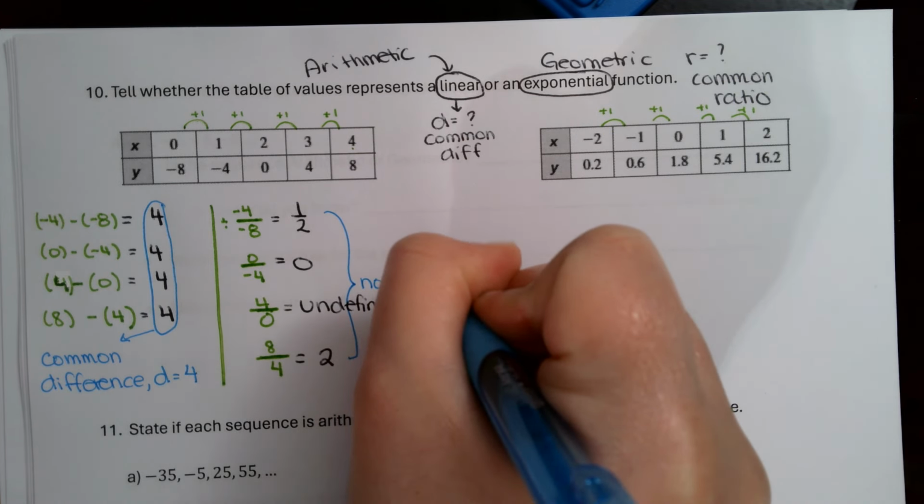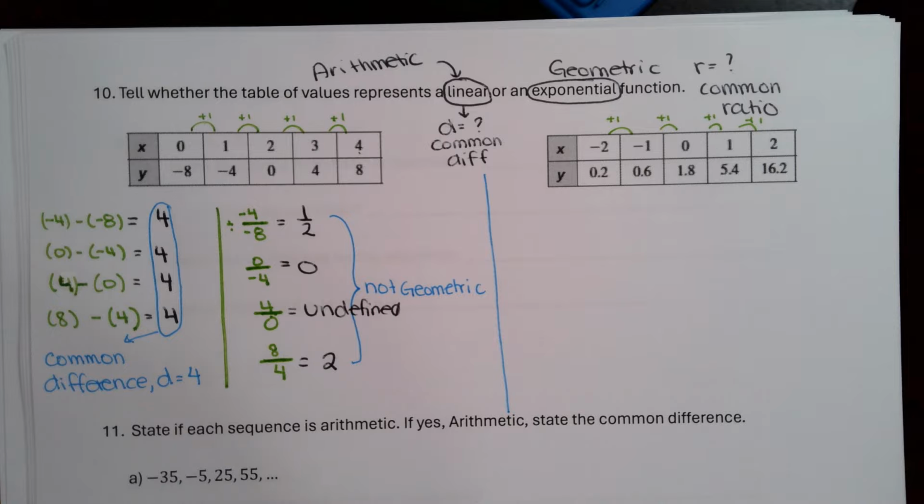I'm going to split this up so I don't take the other question space. So what is the answer? Well, you have to actually read the question one more time and see what it's actually asking of you. It's asking you to determine, is this arithmetic, linear, or is this geometric, exponential? They're not actually using the words arithmetic or geometric, so we cannot use the words arithmetic and geometric.